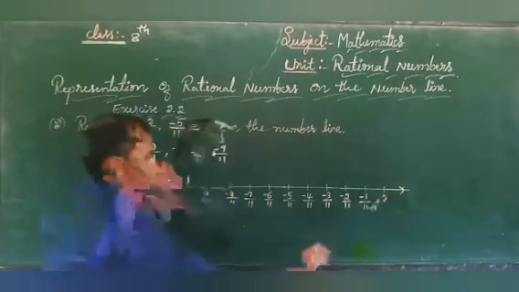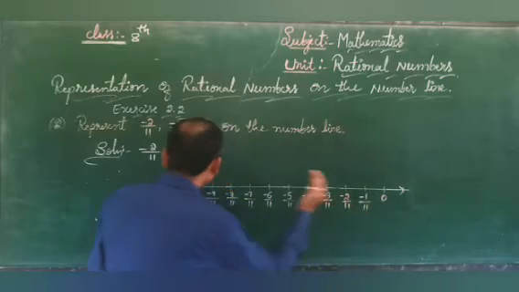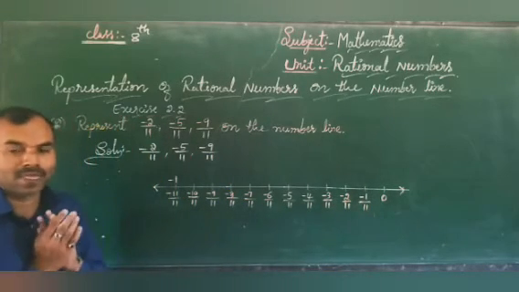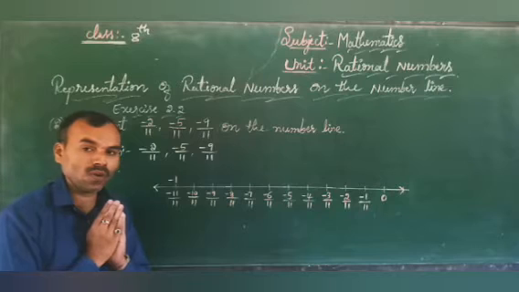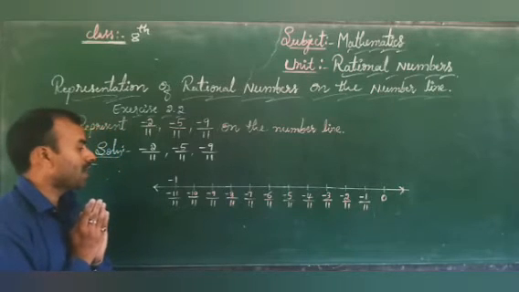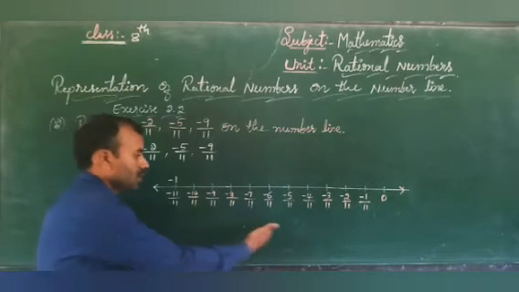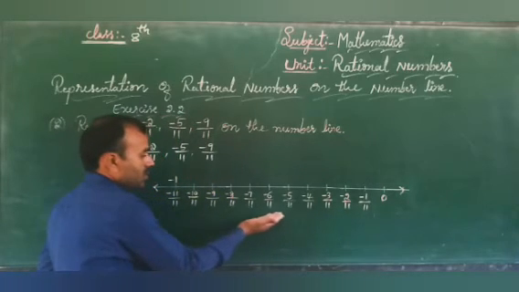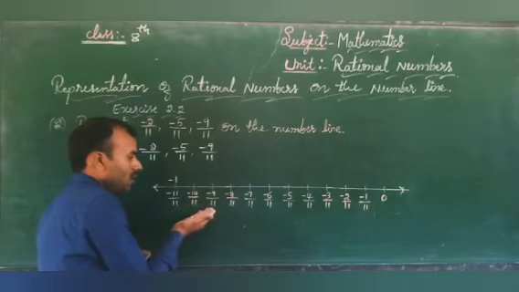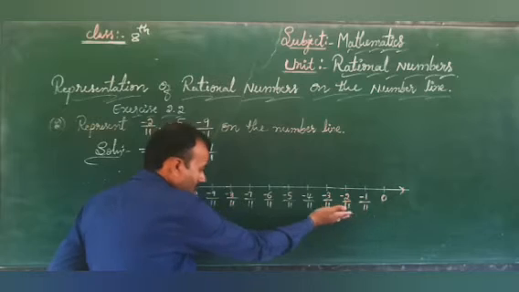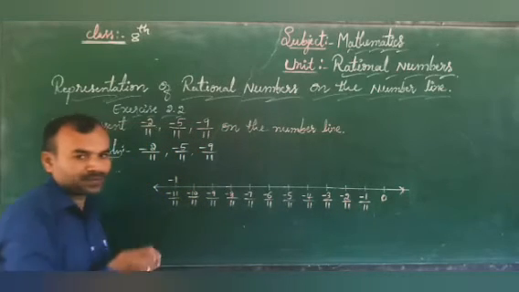Here the numbers are from 0 to minus 1. In between 0 and minus 1, I write the numbers. The numerator is negative and the denominator is 11.